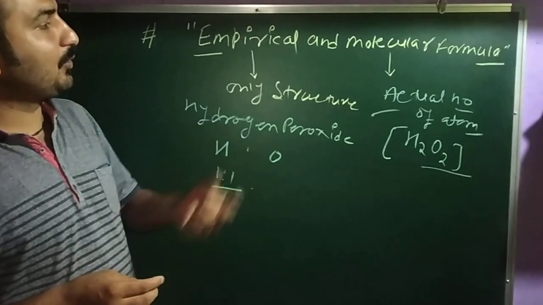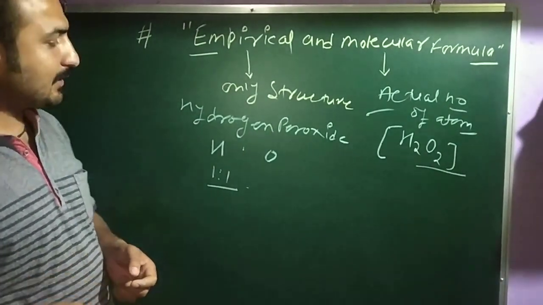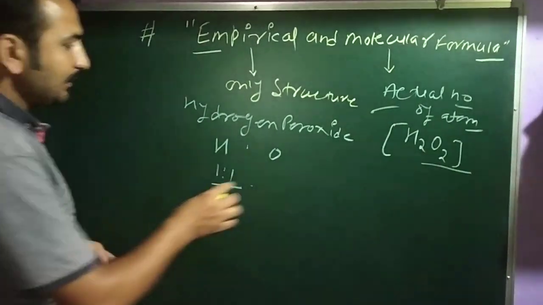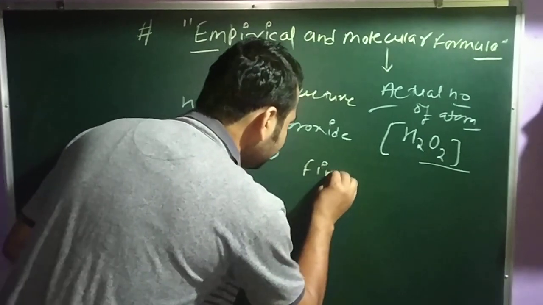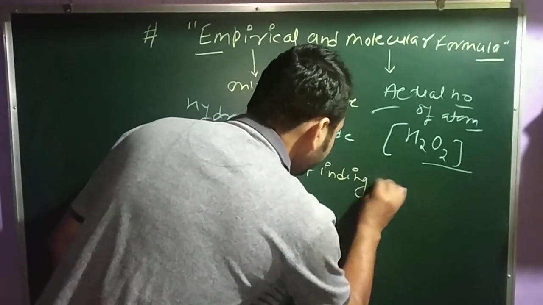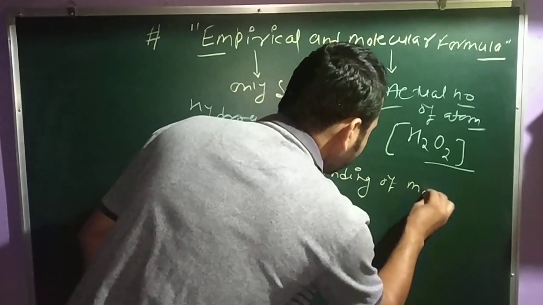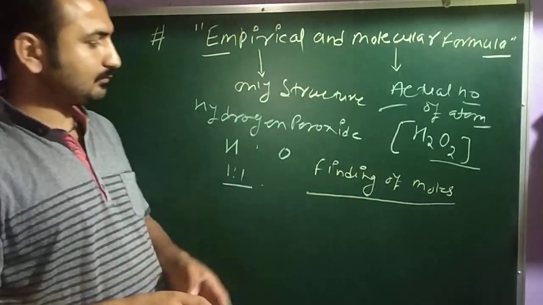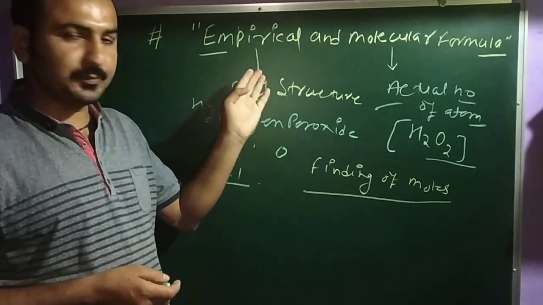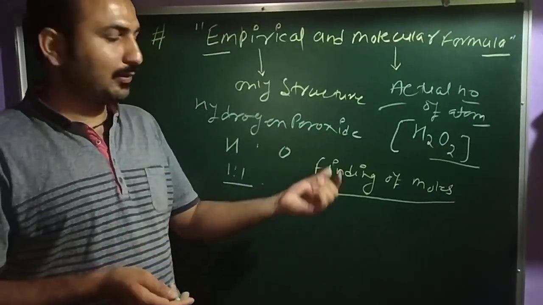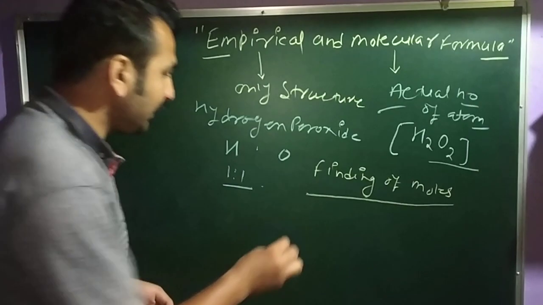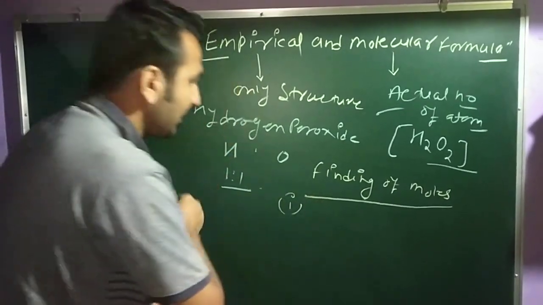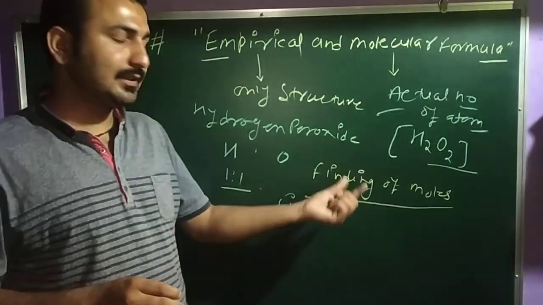Before finding this, we discuss a small topic, the finding of moles. I discussed it before, but here, finding of moles. Generally, we have three formulas to find the moles.